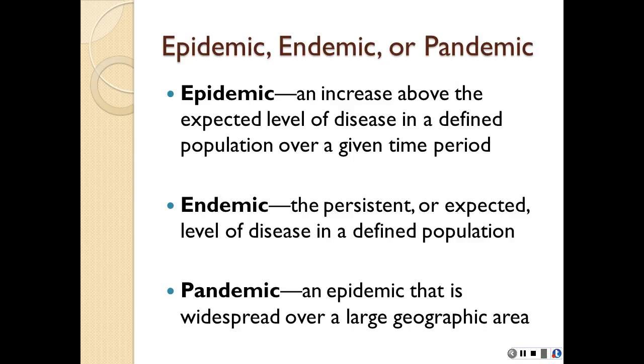There's not a hard, fast differentiation, but usually it refers to geographic locale. So it's largely geographically distributed. Endemic is our base rate, epidemic is an increase above the base rate, and pandemic is when we've taken that epidemic and it's spread all over the place.